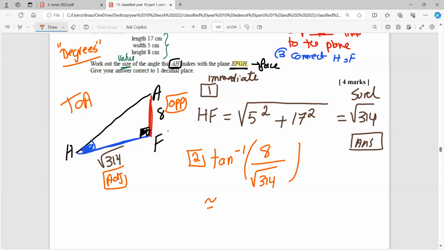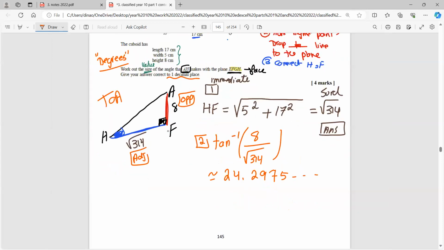And then I'll get an answer of 24.3 as the question here said. The answer I got on the calculator was 24.2975 and so on, but here it says round to 1 decimal place. This is the first decimal place over here, so your answer is 24.3.